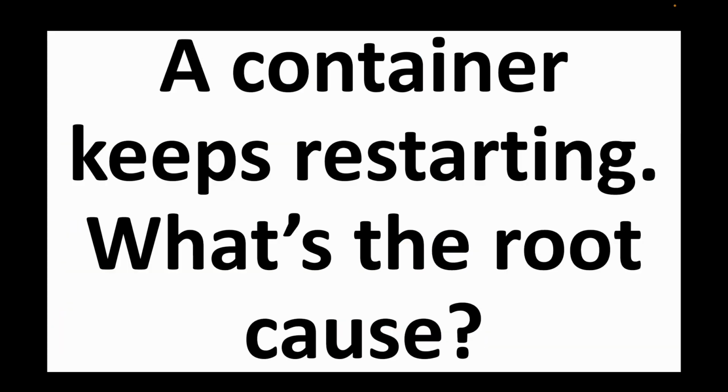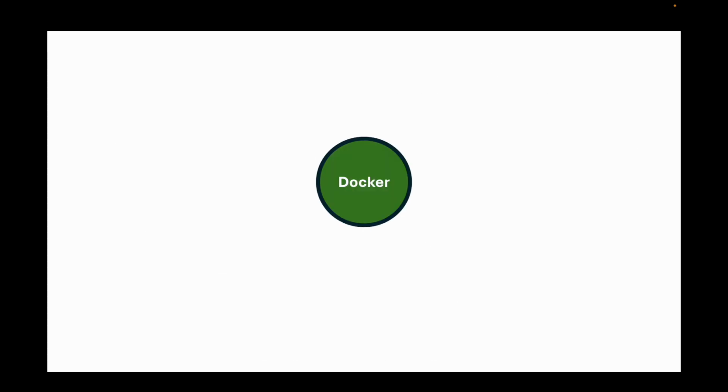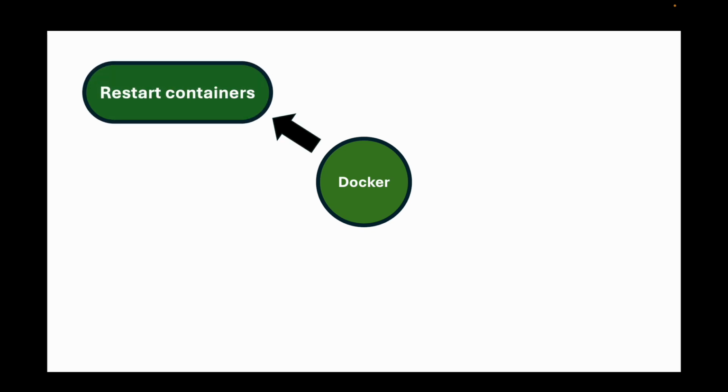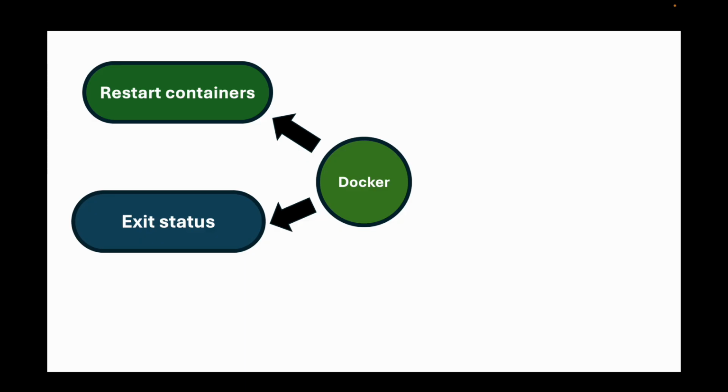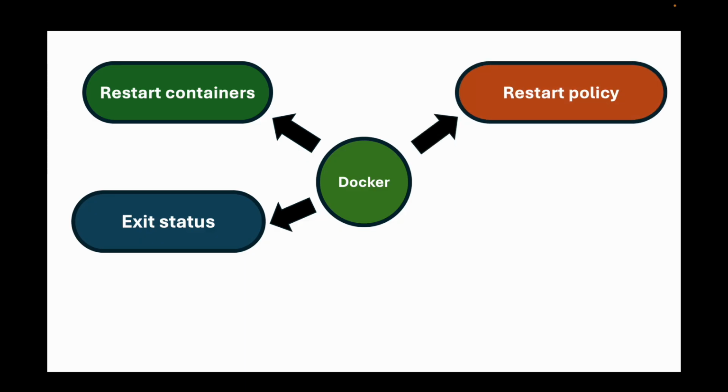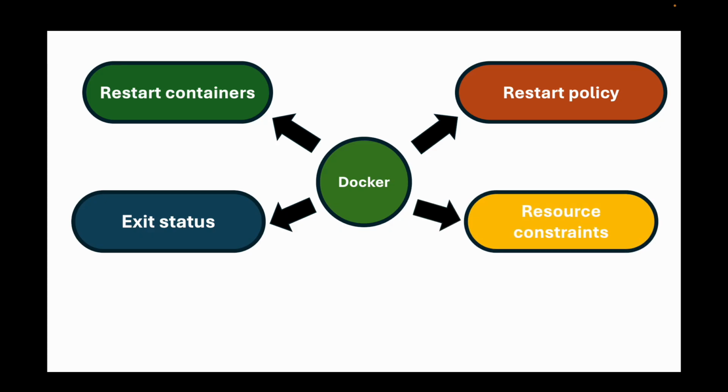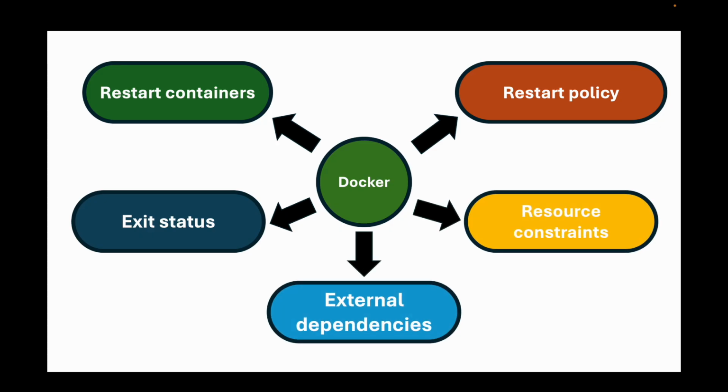The next question I have is, a container keeps restarting. What's the root cause? Docker or container runtimes in general restart your containers based on their exit status, like when there's a crash or an error, the defined restart policy, underlying resource constraints, or external dependencies failing. Now, some of the common root causes of container restarts include app crash.